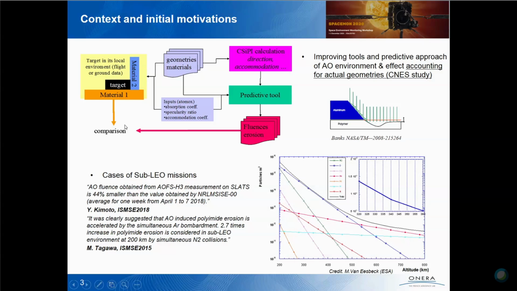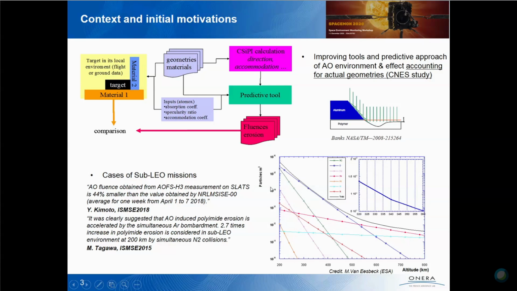So this monitoring helps understanding the mechanism at ground during flight measurement as well, and as a basis for correlation with predictive tools and models.